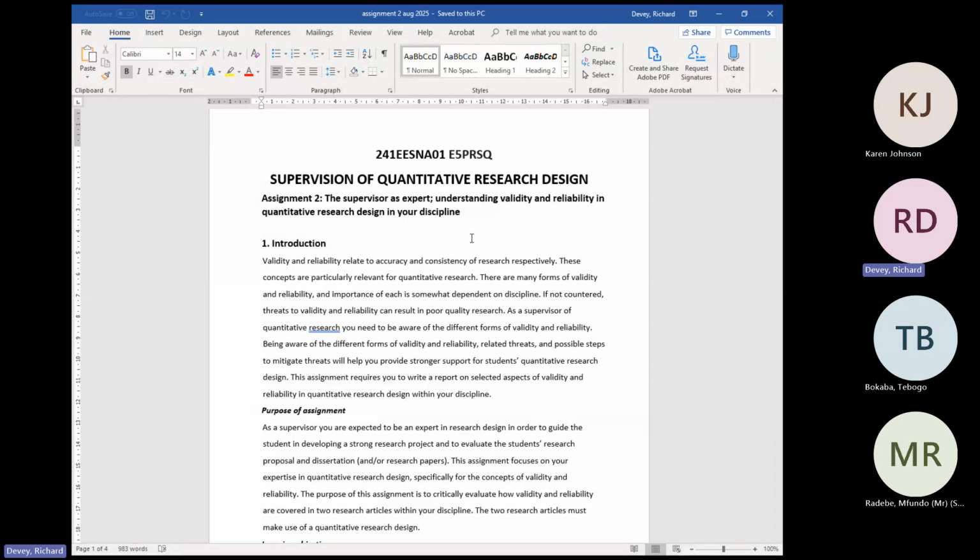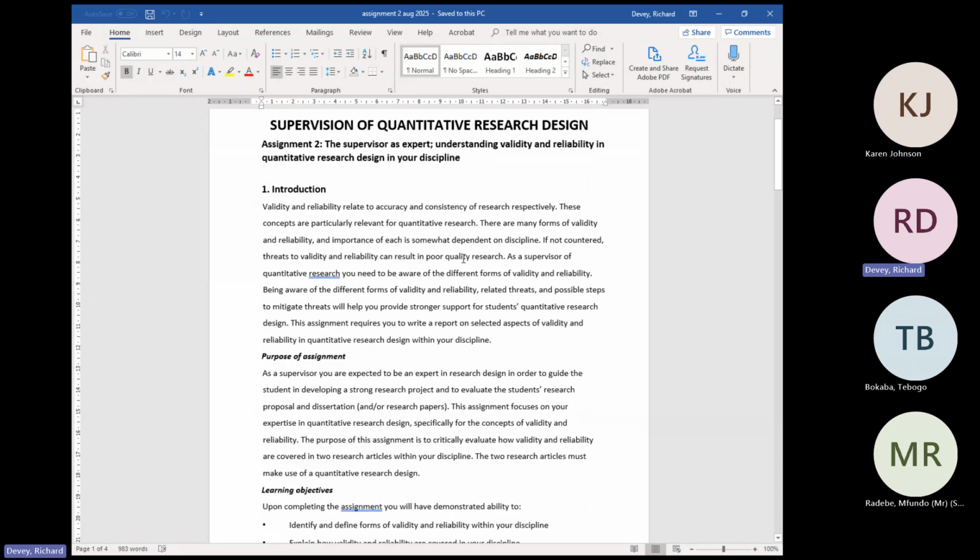What I'm asking you to do for this assignment, it's not a particularly complicated assignment, is that the topic is validity and reliability in your research field. You need to find two research papers in your field, and go through those papers and evaluate what the researchers are saying about validity and reliability.